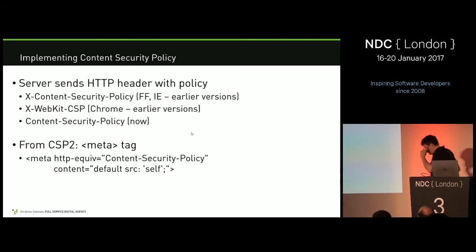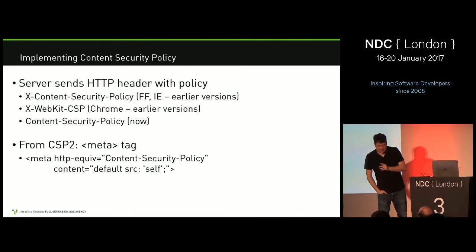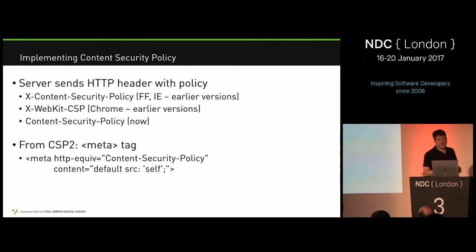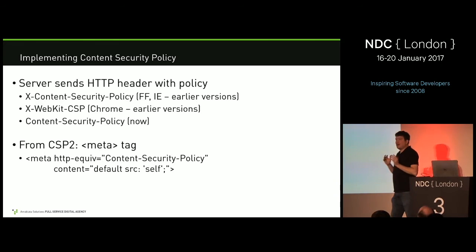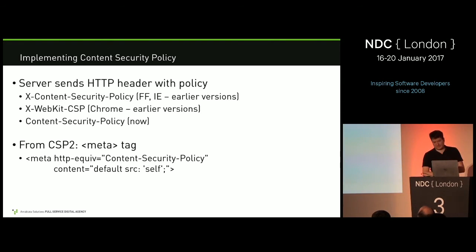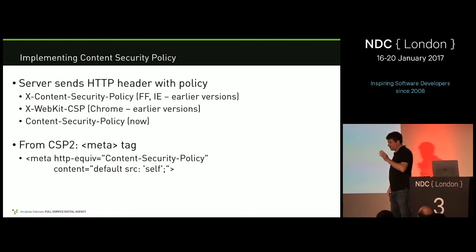The idea is this: the web server sends an HTTP header. And the HTTP header contains a policy that is telling the web browser how to handle content on that page. There were different versions of headers, especially when content security policy was still in standardization phase, and it still is.